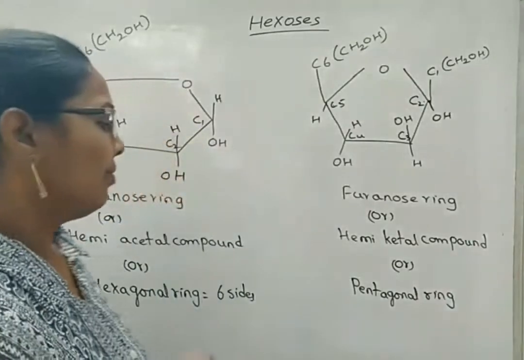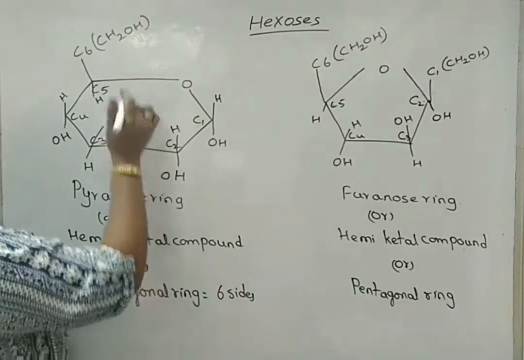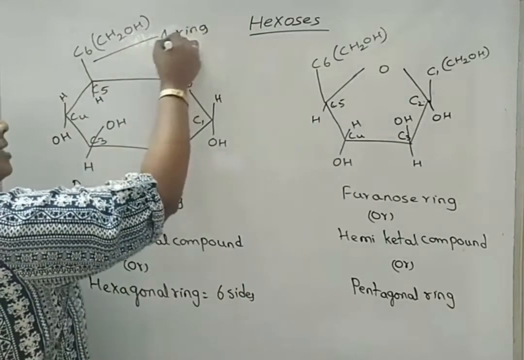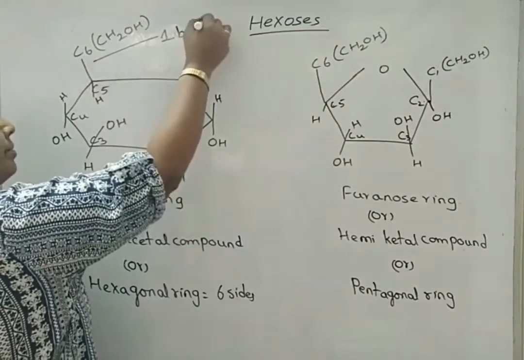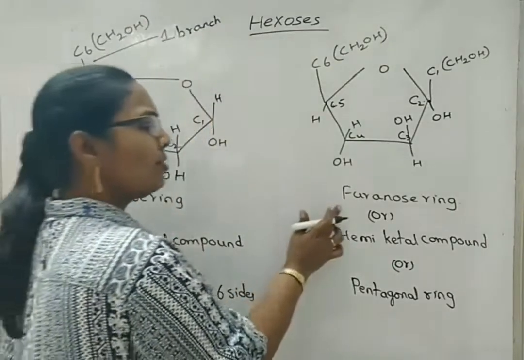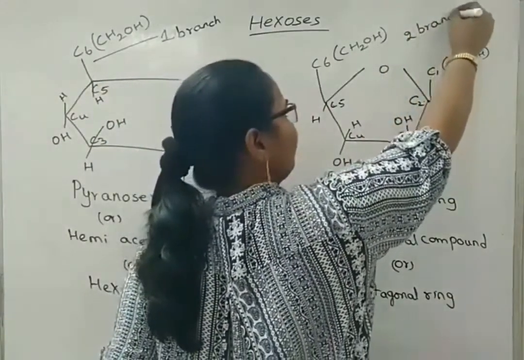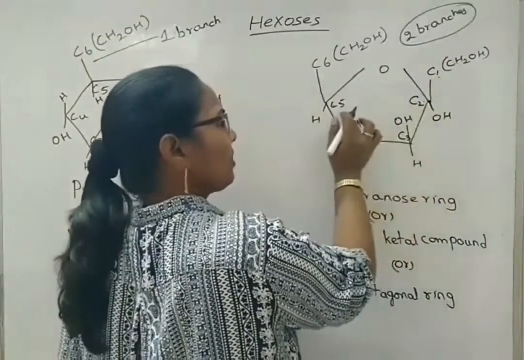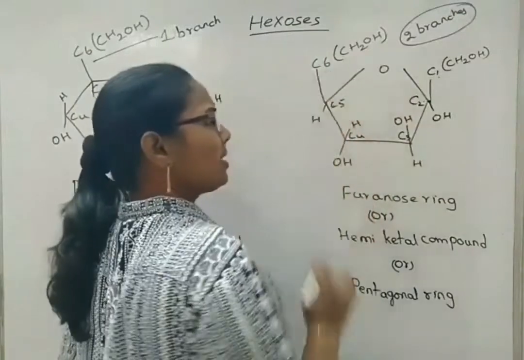One more difference if we observe: the pyranose ring form has only one branch, that is at the carbon 6 position. But the furanose ring has two branches, at carbon 1 and carbon 6. What are the branches? Carbon 1 branch and carbon 6 branch.